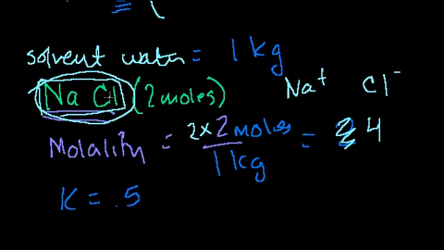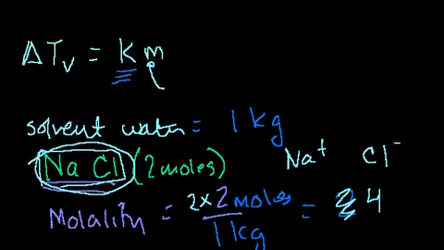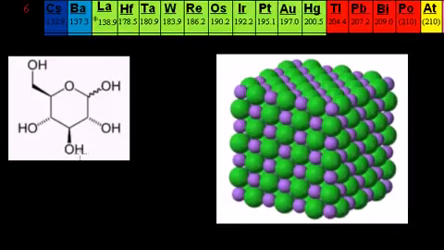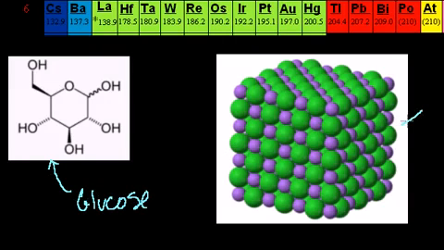And this is an interesting point. So this right here is glucose. And this is sodium chloride, or at least sodium chloride in its crystal form. One molecule, I guess you can view it as one of these little pairs right here. But the interesting thing is you could have the same number of moles of sodium chloride, when you view it as a compound, and glucose.